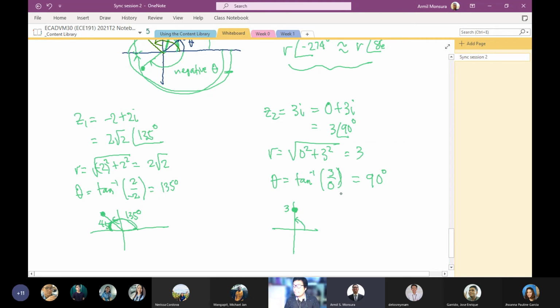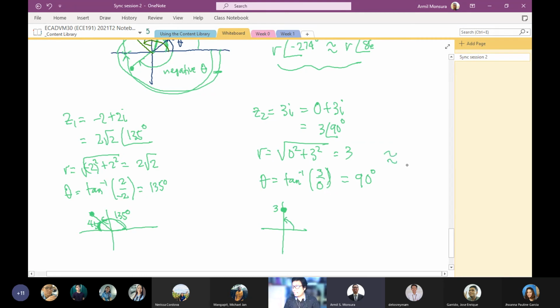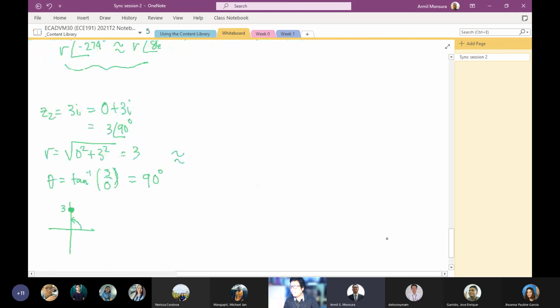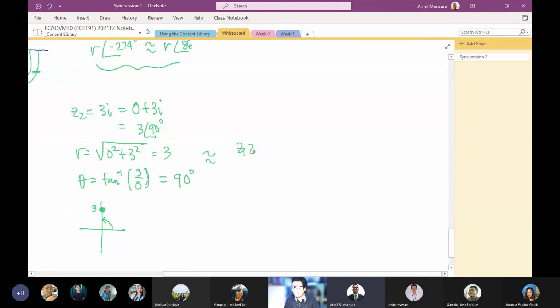Okay? Now, from there, what is the product? The product Z1 Z2 is basically 2 square root of 2 angle 135 degrees times 3 angle 90 degrees. Pag nagdi-degrees kayo, don't forget the degrees, ha?